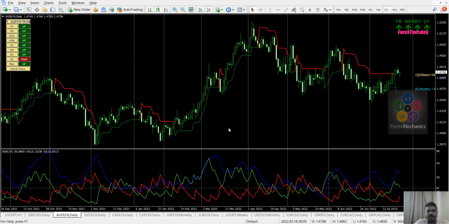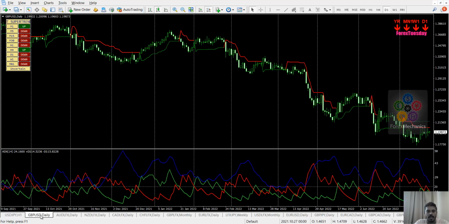And you can look at the daily time frame chart as an entry chart with a very small lot, or typically 1% risk, or maybe even less than that, because the idea is to keep that trade open for a very long time.